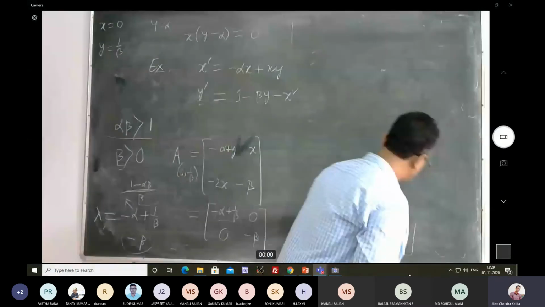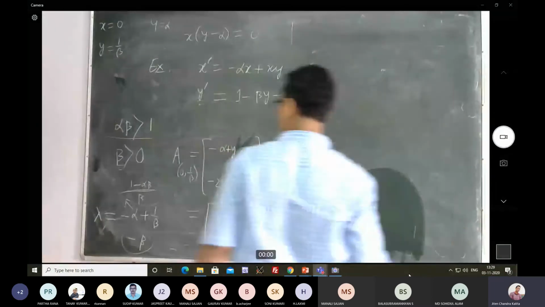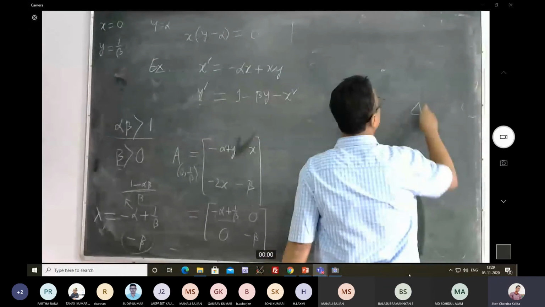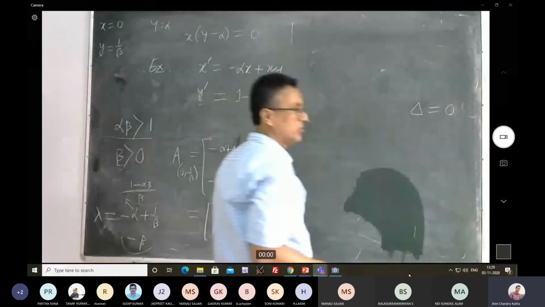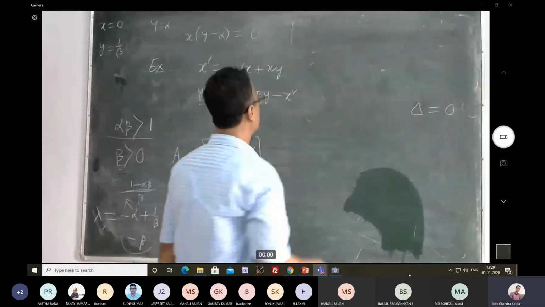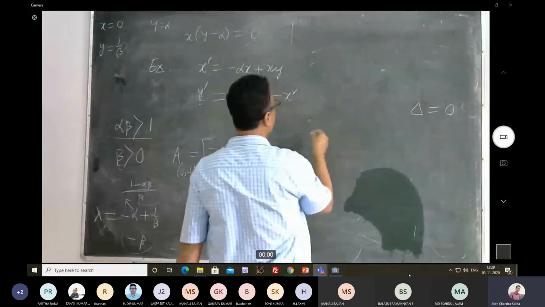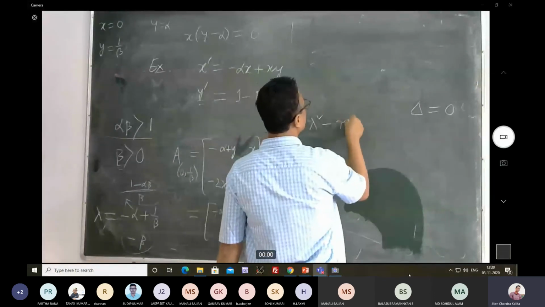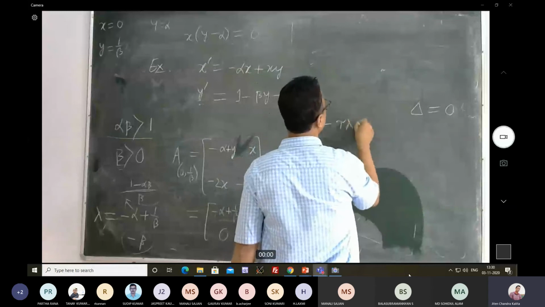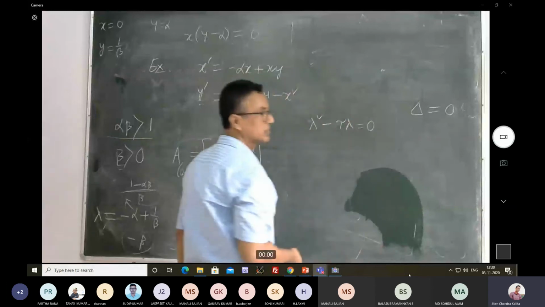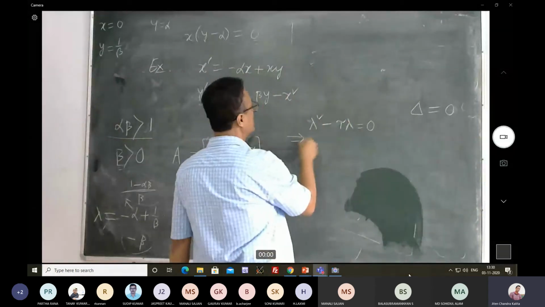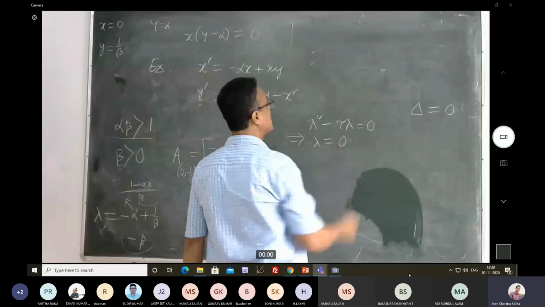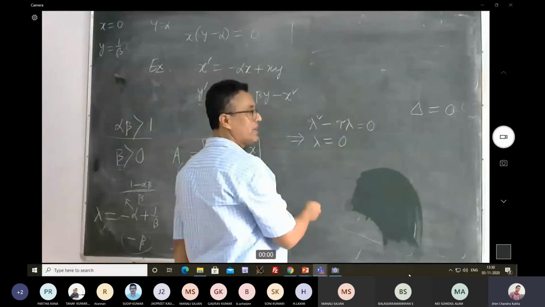Okay, just one thing I want to tell you about. Say when beta is equal to 0, then what is going to happen? Your characteristic equation is going to be something like this. So one lambda is definitely going to be equal to 0, right?